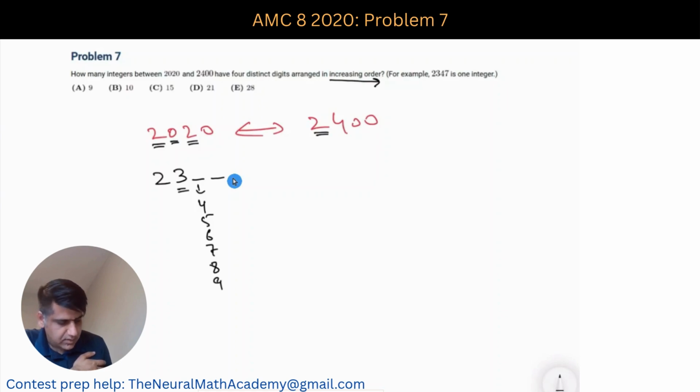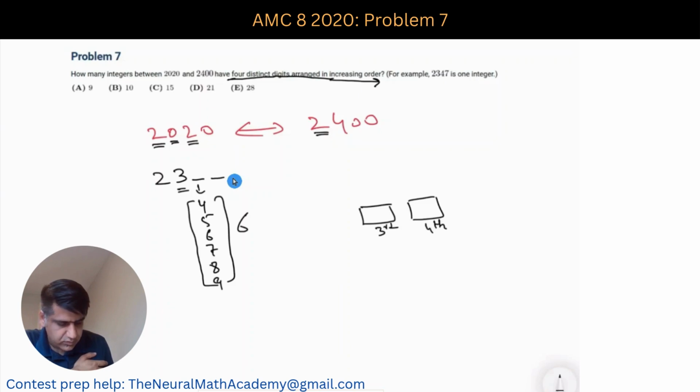And as per this condition, they are 4 distinct digits in increasing order. That means that the last digit should be different from the digit that takes the place of the third digit. So how can we set it up? Since these digits are 6 and we now have 2 places, let's say this is our third place, this is the fourth place.